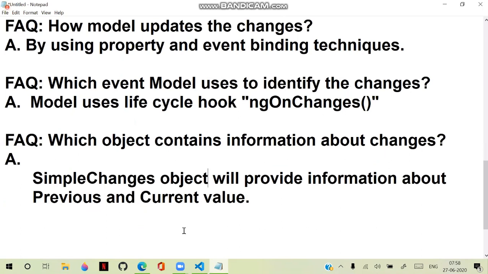So we need to understand what happens on init, on changes, and on destroy. Later, when we implement services, we will use these events in real world applications. Now we just understood how they work in the background.